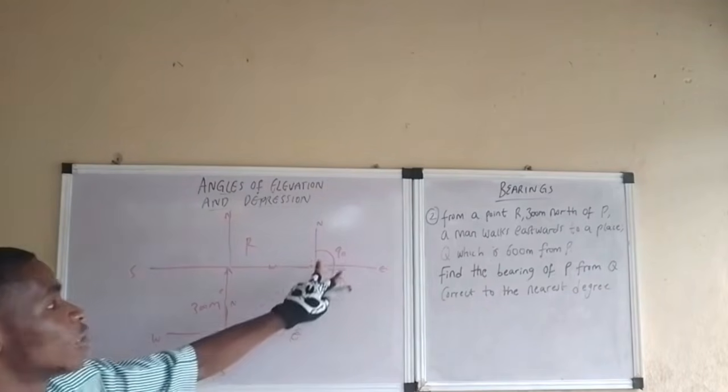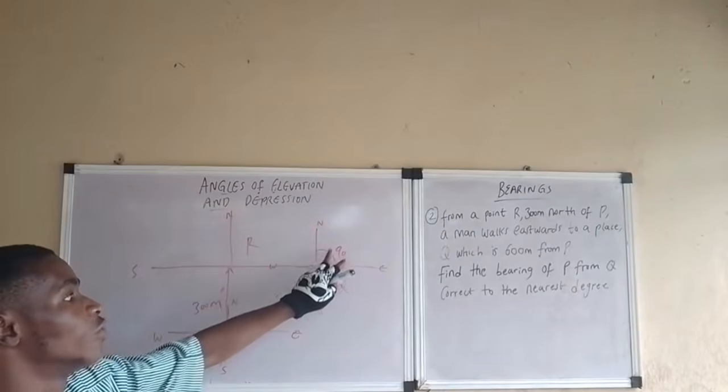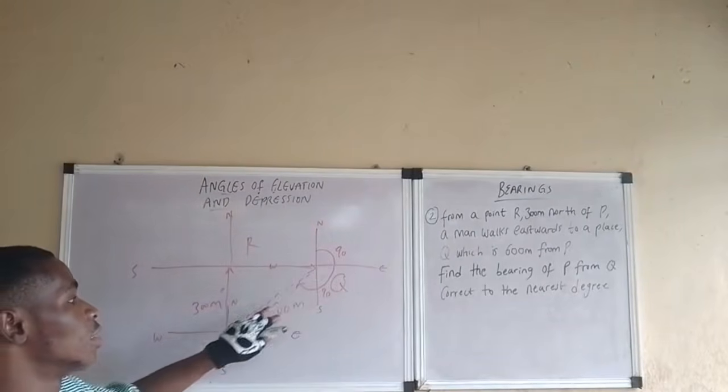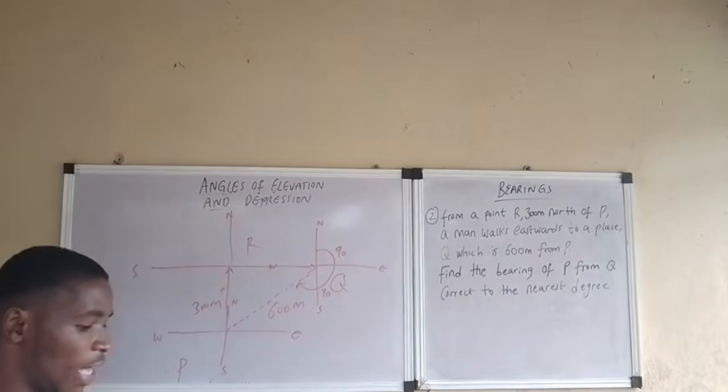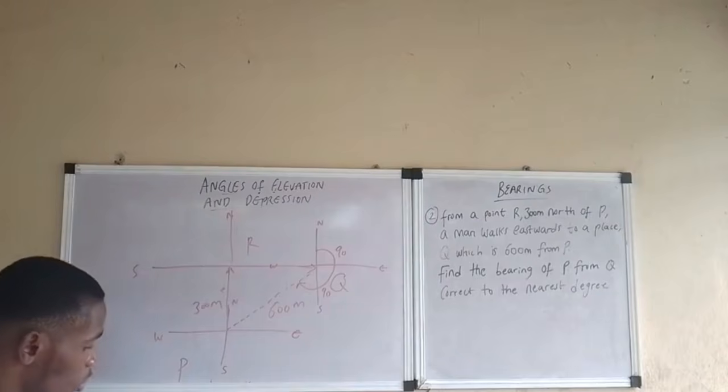Because it says from Q, you have to start from the north position of Q, and then read through to the point where it cuts the line that joins both P and Q. So that's the way it works. Do you understand? So let's move on.